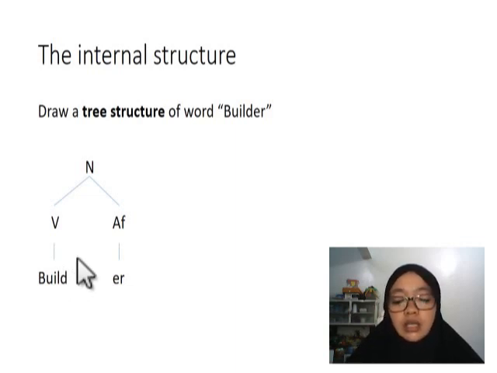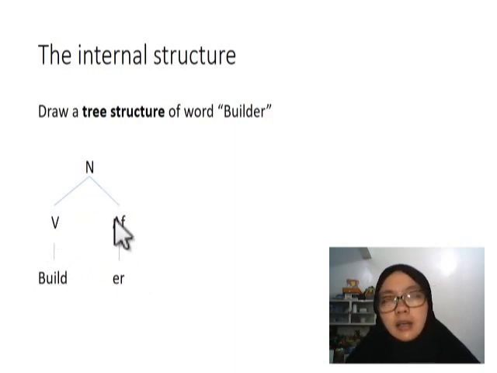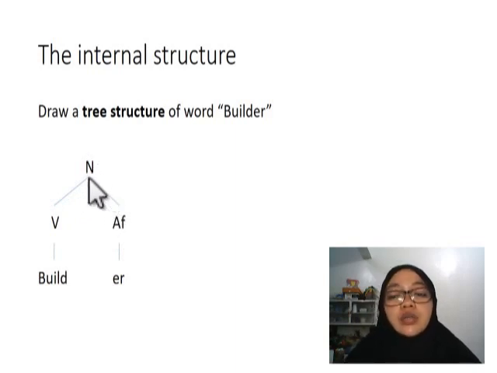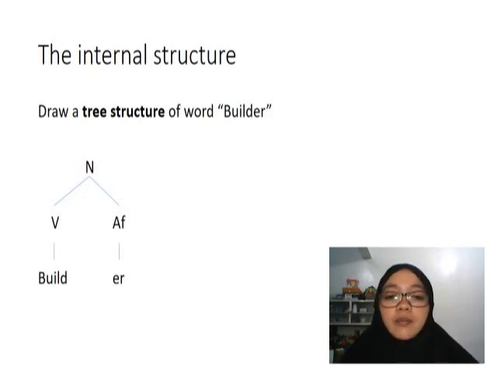We separate the morphemes: the morpheme build and the morpheme er. State the lexical category, then state the affix and combine them. Combined, it becomes a new structure, a new form of the word itself.